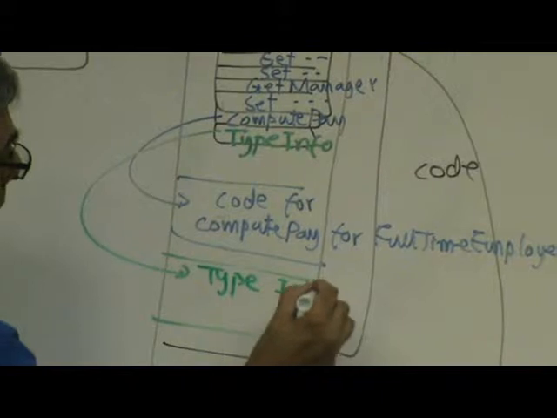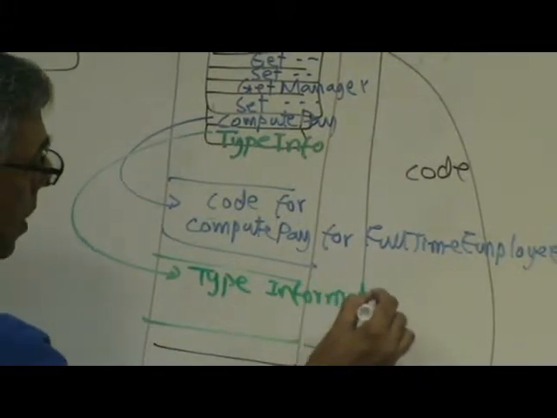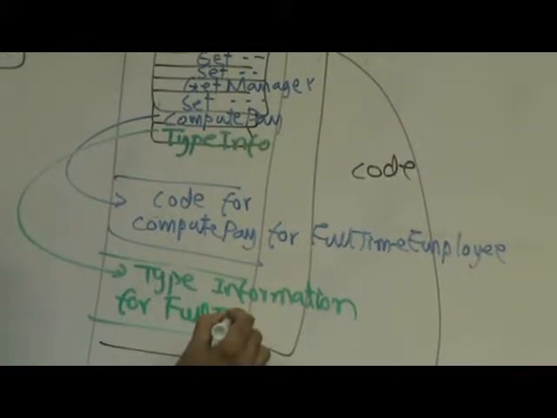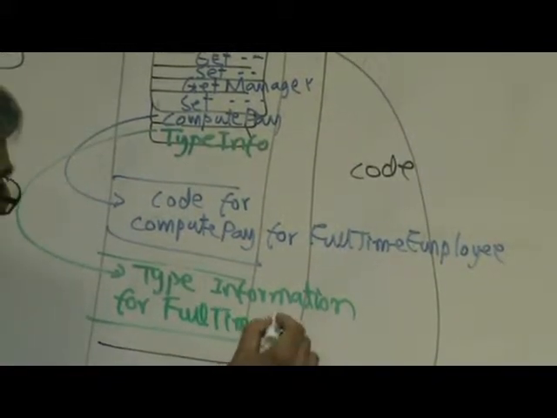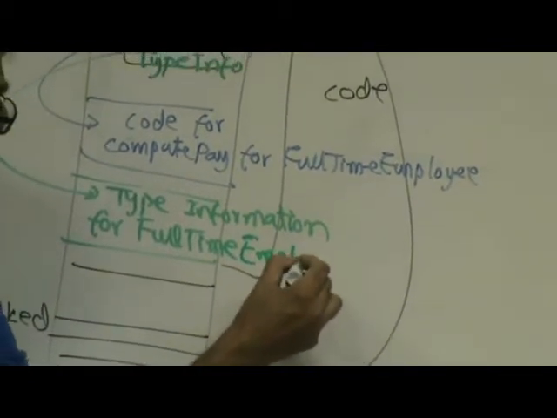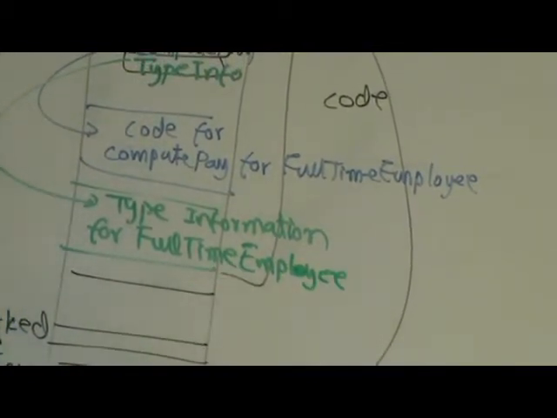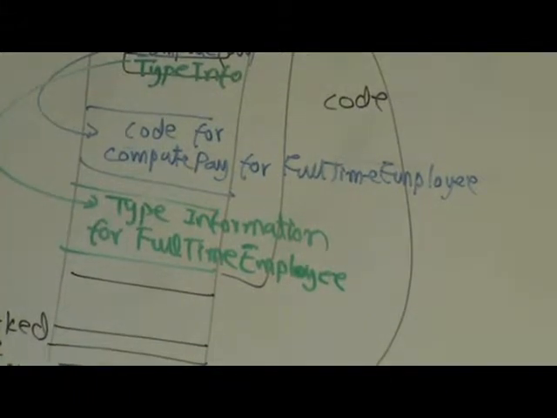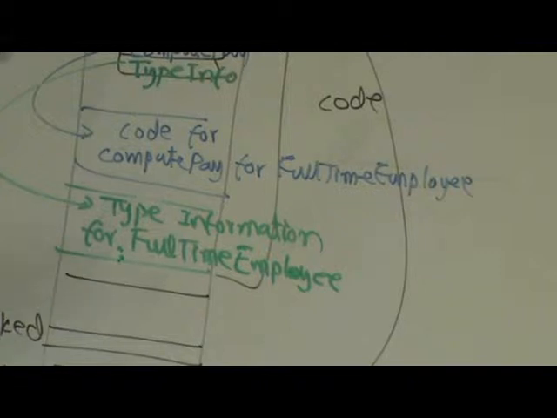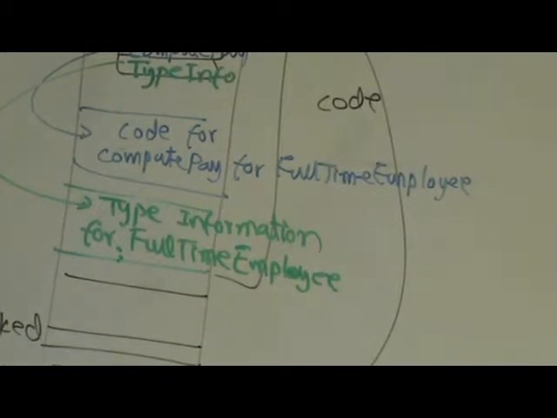This will be the type information for the FullTimeEmployee class. It will have a lot of information, such as the name of the class, how many methods it has, how many properties it has, and so on. So a lot of information over here. Now let's try to answer your question.